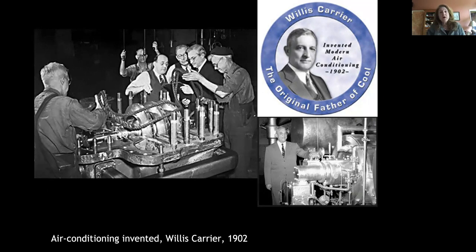So some would argue that air conditioning was one of the greatest inventions of the 20th century, and it's enabled tremendous productivity gains and the ability to live in places that would otherwise have been really difficult. So we know that in the United States, since the 1950s, the fastest population growth in the US has been in the Sunbelt states. And this was largely driven by the availability of air conditioning.